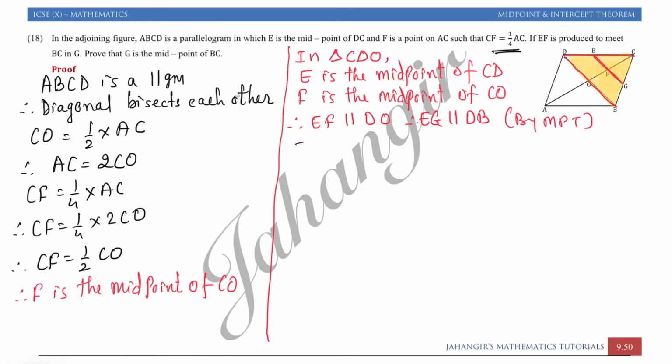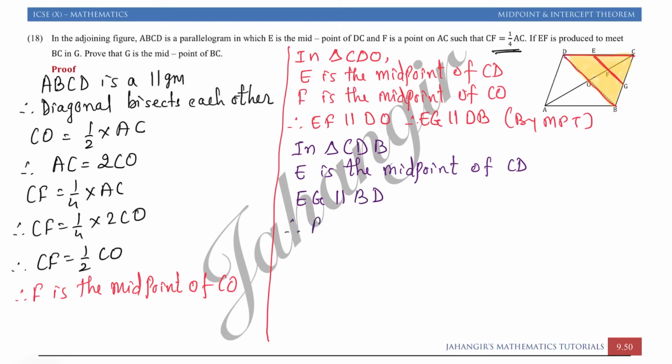So in triangle CDB, E is the midpoint of CD, EG is parallel to BD.